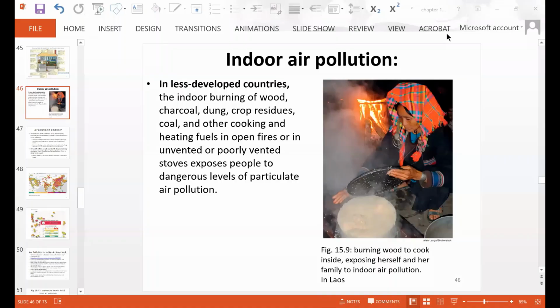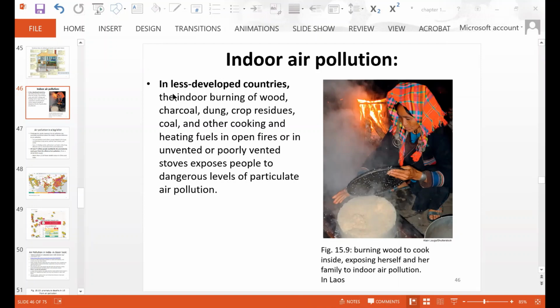I just want to go back and mention indoor air pollution in less developed countries. So the indoor burning of wood, charcoal, dung, crop residues, coal, and other cooking and heating fuels, generally they use open fires or unvented or poorly vented stoves.